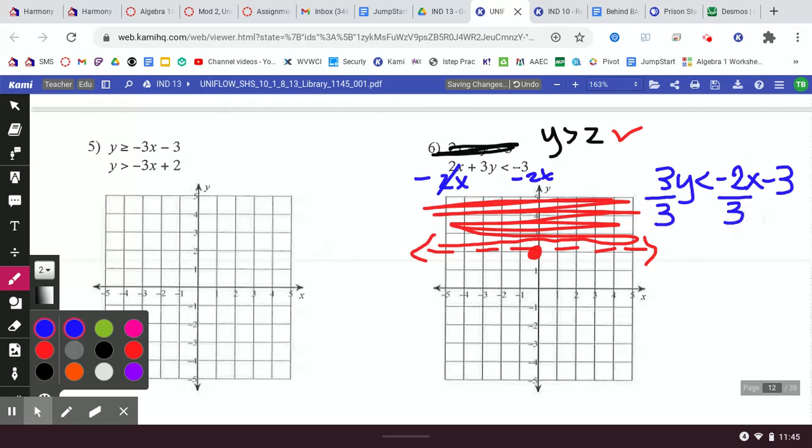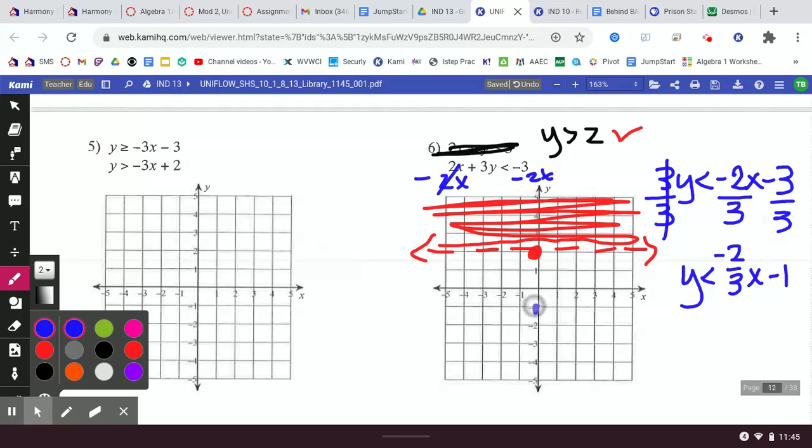What would I do if I were to divide by negative 3? Flip your sign. If you forget to flip your sign when you divide by a negative, you're going to shade the wrong area, okay? So make sure you flip your sign, but here I don't need to because I didn't divide by a negative. So negative 2 over 3 is just negative 2 over 3, x, and then negative 3 over positive 3 is negative 1.